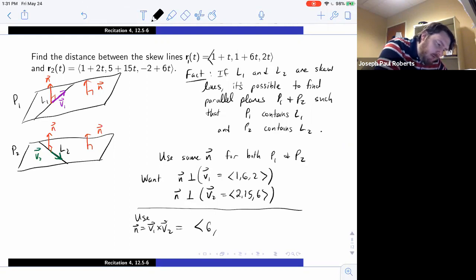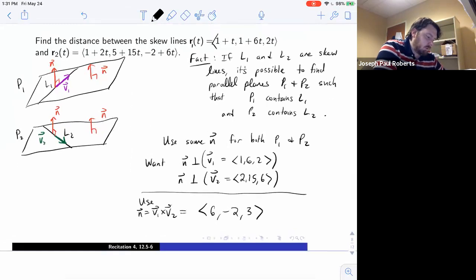Then 4 minus 6 is negative 2. And then 15 minus 12 is 3. Okay. So that's the n that I'm going to use for both.